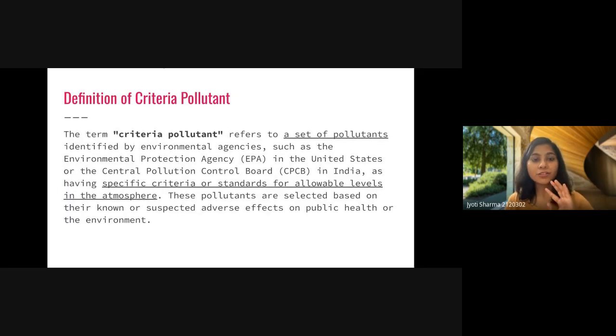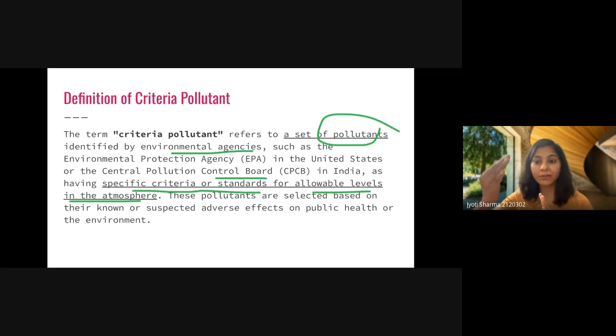Here is the definition of criteria pollutant. These are the pollutants that have been identified by the environmental agencies. For example, in India, we have CPCB. CPCB has defined a set of pollutants that should have a specific standard for allowable level in the atmosphere. CPCB has given the maximum level of that particular pollutant.